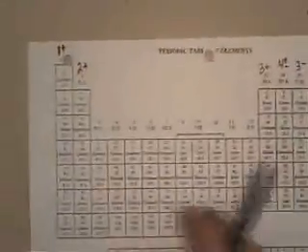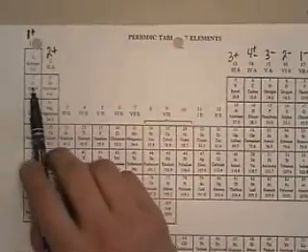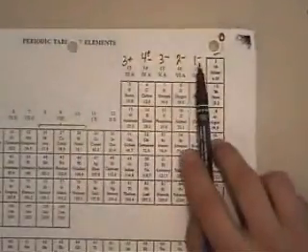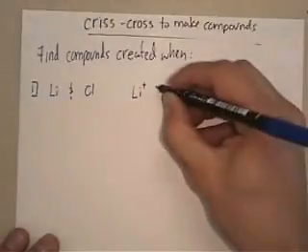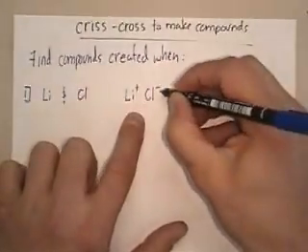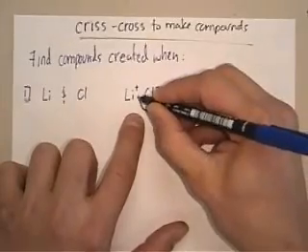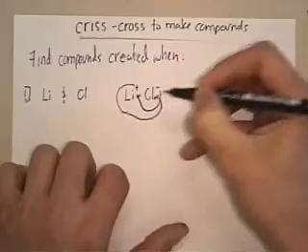There's your periodic table. This is the last time I'm going to change to this. You'll have to look it up yourself from now on. Lithium is here. Lithium is 1 plus. Chlorine's here. Chlorine is 1 minus. So you would go lithium plus, chlorine minus, and here's what you do. This goes here, and the positive goes there.